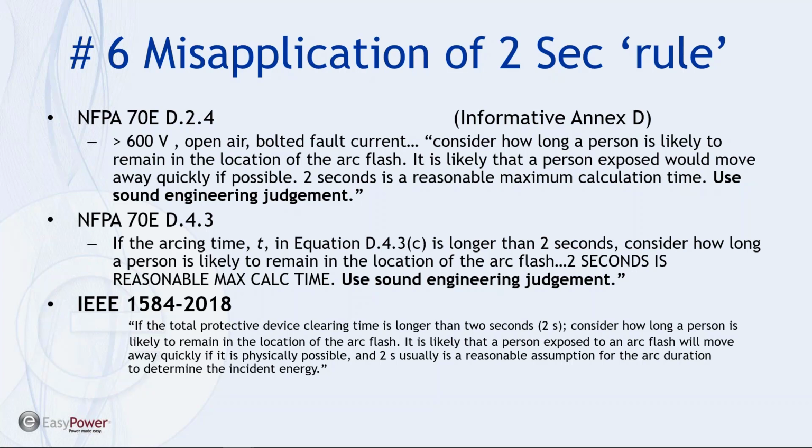It's included in the standard model itself, and it's been repeated in the most recent release, 1584-2018, where it says if the total protective device clearing time is longer than 2 seconds, consider how long a person is likely to remain in the location. If they have the ability to move away quickly, 2 seconds max is usually a reasonable assumption for the arc duration. Well, my contention goes to the discussion about how to apply sound engineering judgment.